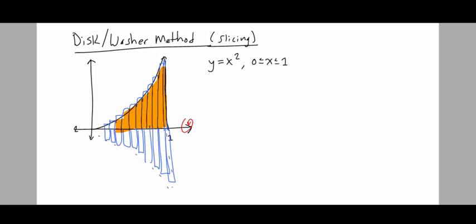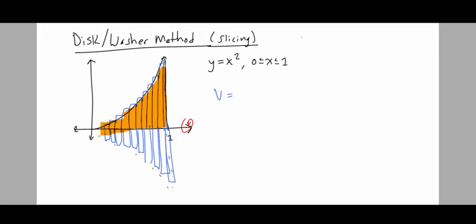You can see this shaded area. Because I'm touching the axis of rotation, this is when I use the disk or the washer method. Because there's no gap between the graph of the shaded region and the axis of rotation, this is called the disk method.